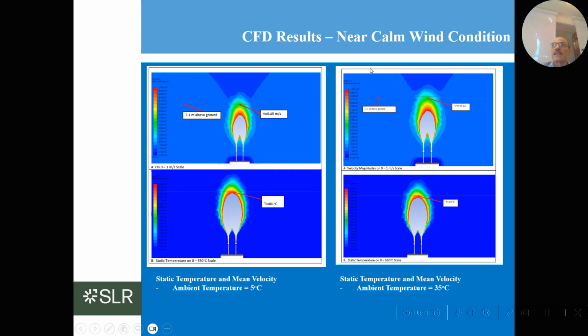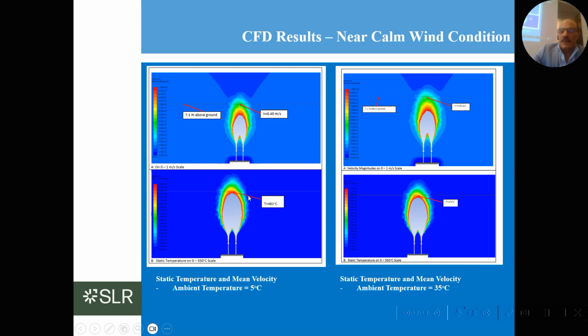Here, just showing the results for the near calm wind condition again. I looked at the impact of the ambient temperature. When the ambient temperature was reduced to 5 degrees with no change to all other boundary conditions, I found the temperature at the area of interest, in this case 7.1 meters above ground, which is required for the EPA model, slightly increased to 481.